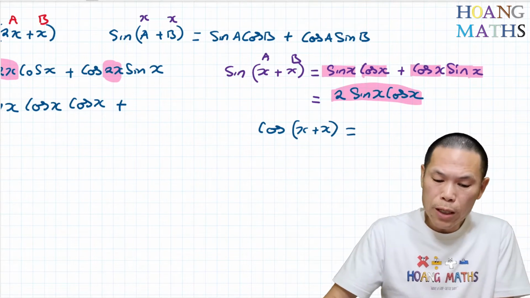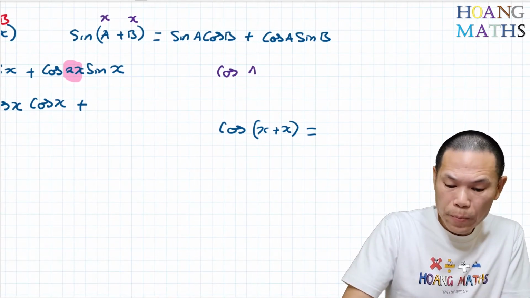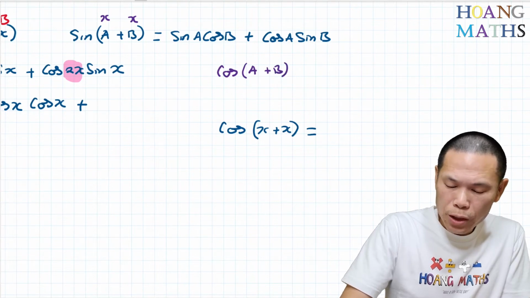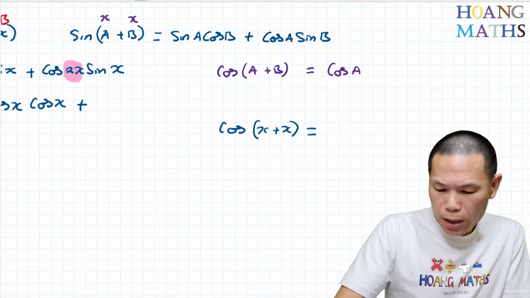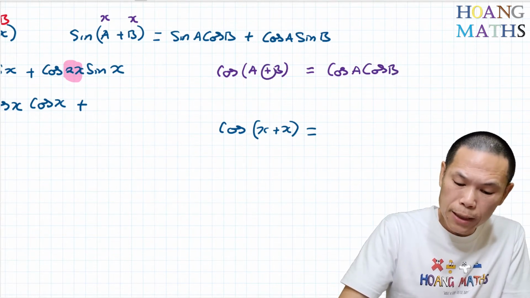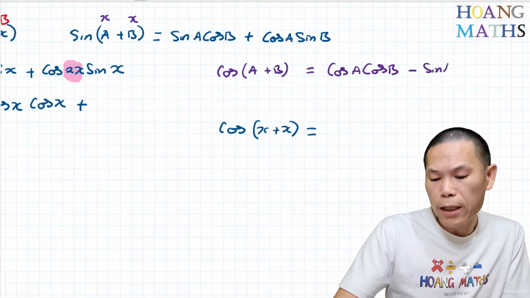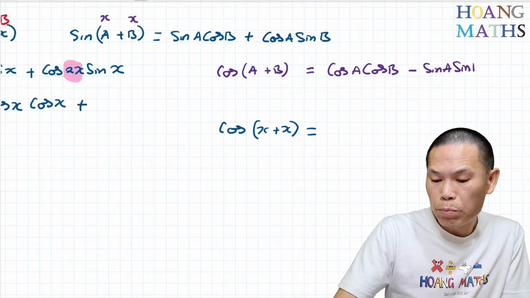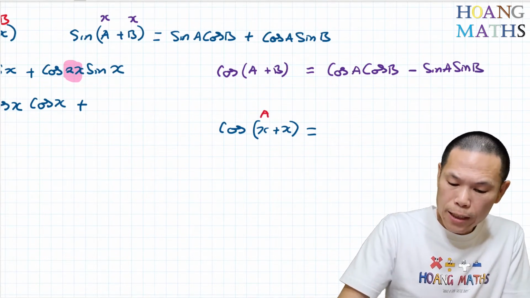So the rule is this: we have cos of A plus B. This will give me cos of A cos of angle B because of this plus. Therefore, we minus, okay? Keep that in mind, sine of A and sine of B. But don't forget, this is A and this is B.